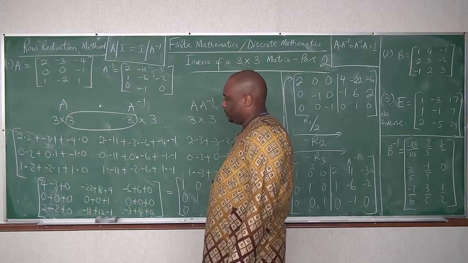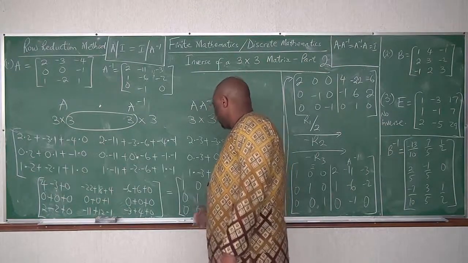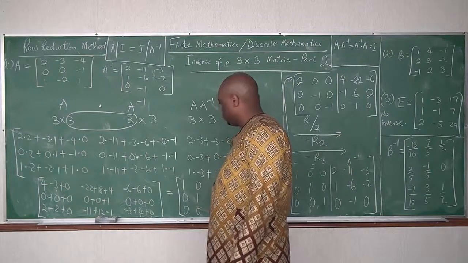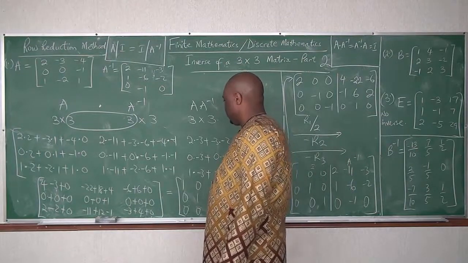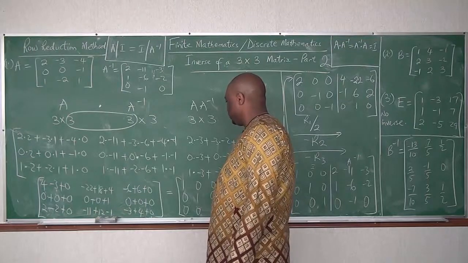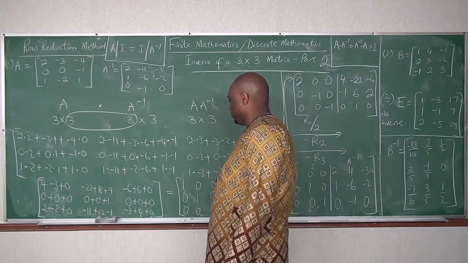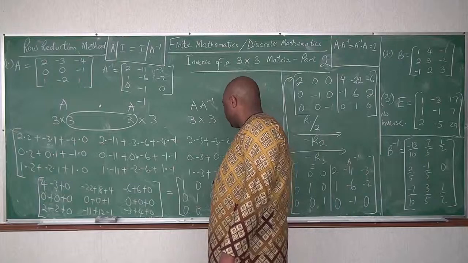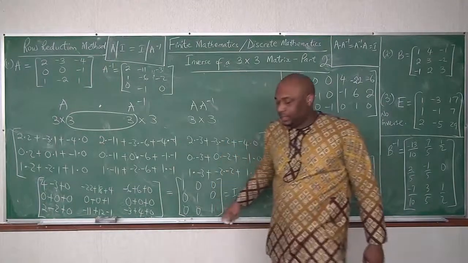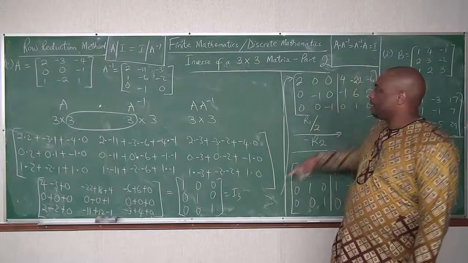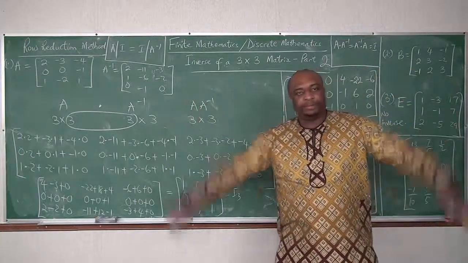Negative 11 plus 12 is 1. 1 minus 1 is 0. Negative 6 plus 6, 0 plus 0, 0. Negative 3 plus 1 plus 4 is 1. So you see, it's a 3 by 3 identity matrix. So that means we're correct.